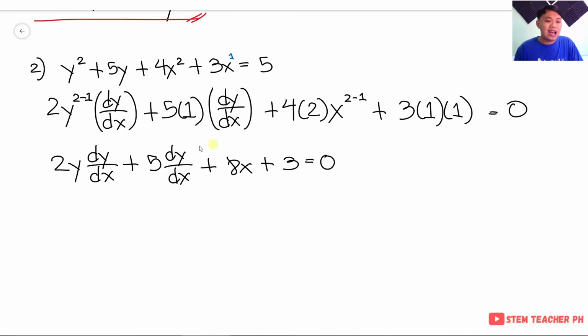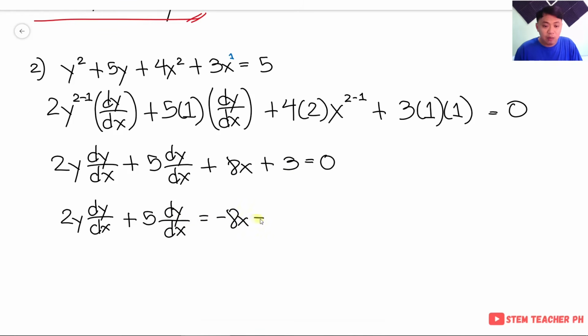Ngayon, ang kailangan lang natin ay dy over dx. Kaya ang gagawin natin, yung walang dy over dx, ilipat natin sa kabilang side ng equation. So we will be left with 2y times dy over dx plus 5 times dy over dx. Tapos yung positive 8x will become negative 8x.